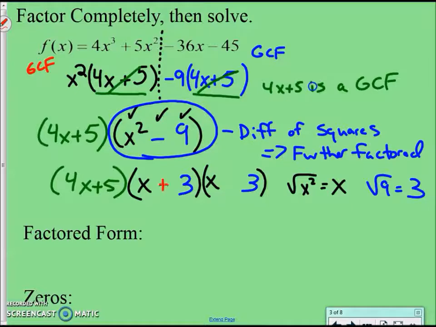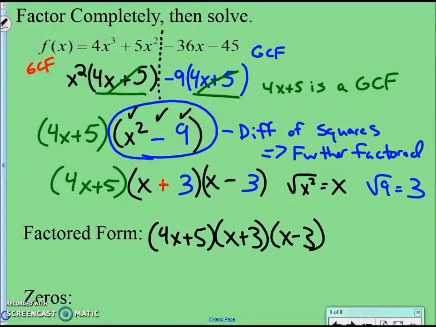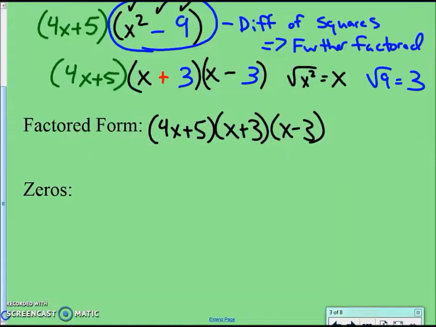And we're going to look at plus or minus. At this point, we really can't factor it any further. We've done all of that. So our factored form of the equation then would be 4x plus 5 times x plus 3 times x minus 3.